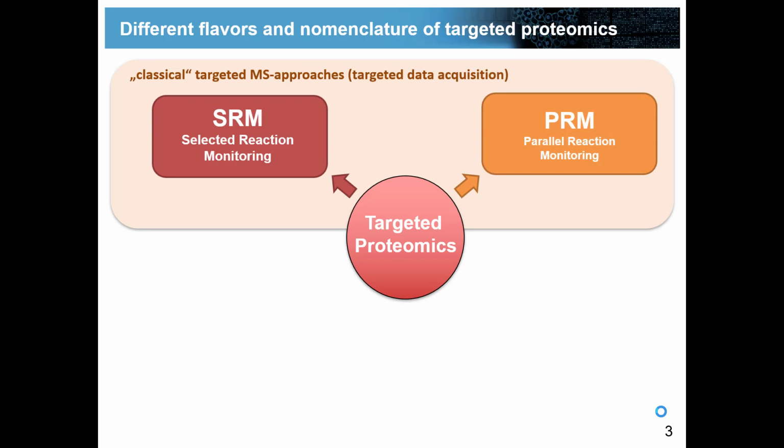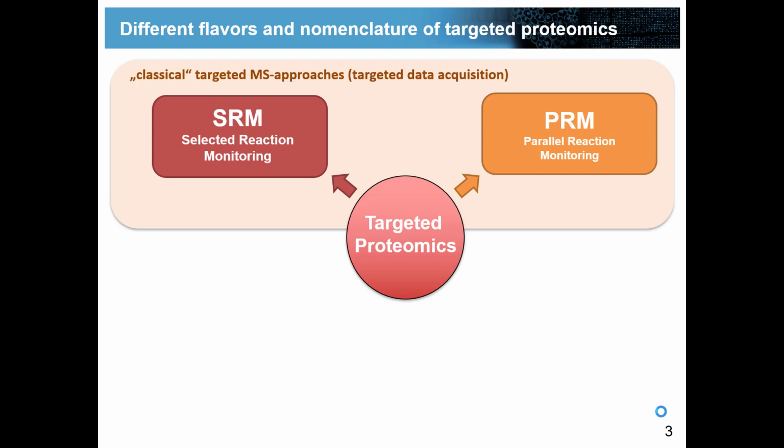And we will soon look a lot more into detail how SRM works, but what you do with both of these approaches is you tell the mass spectrometer exactly about the masses of the peptides or the PTM peptides that you would like to monitor. SRM is definitely historically the oldest and therefore also most established targeted proteomic technique. And also here in this course, you will work in the next 2.5 days mainly with SRM data. So all the data that you will look at is SRM data.